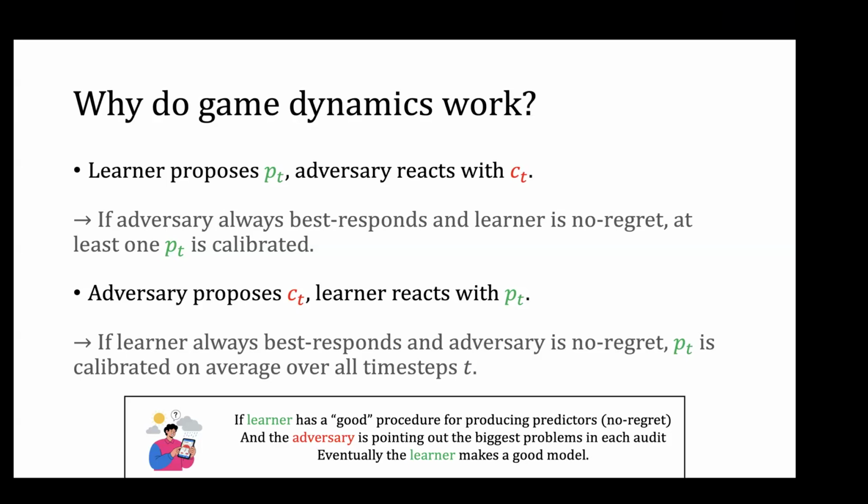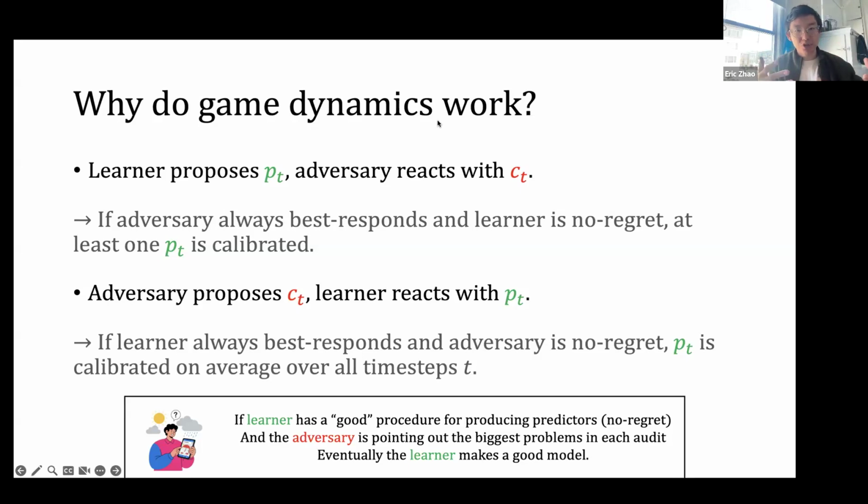Yes, and the reason there's no minimax theorem here is that calibration itself is weird. I will say that if you're working with calibration in the online learning setting, calibration is like a convex objective, and so the min-max theorem does hold.